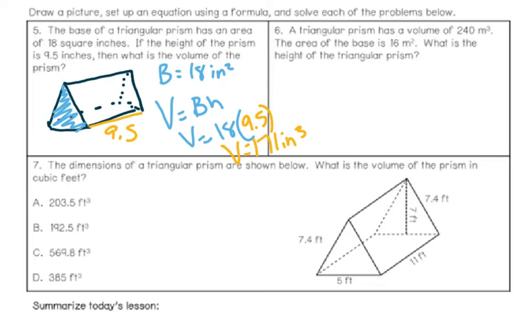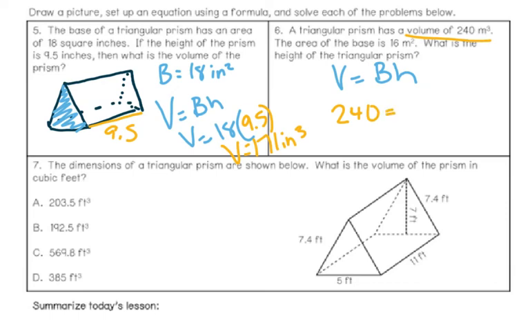So in our formula, we've got volume equals big B times H. And really, each of these letters is just a variable, and we can substitute numbers in for any of the 3 variables. So it tells me, first of all, that the volume is 240 meters cubed. So where V is, I'm going to put 240.